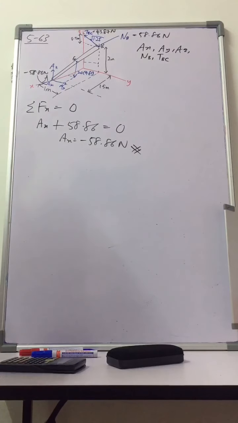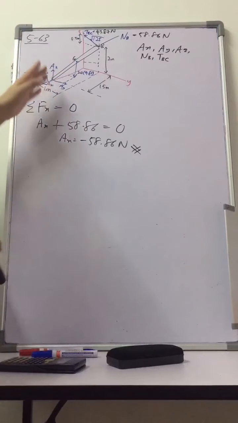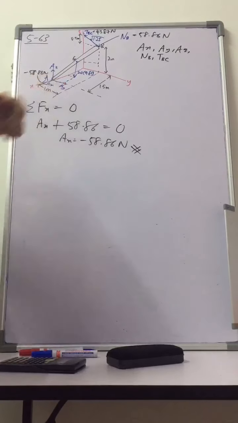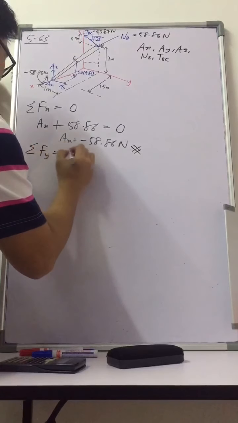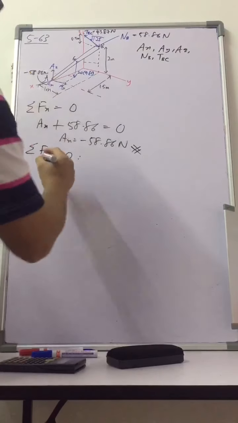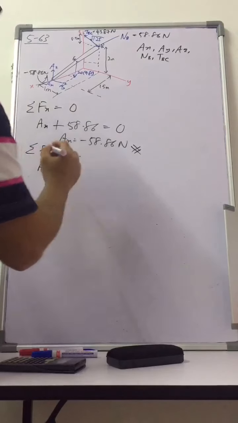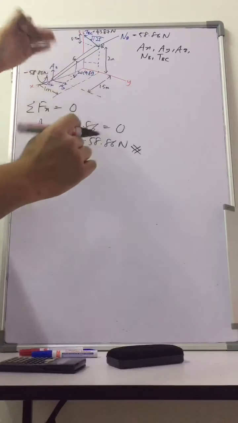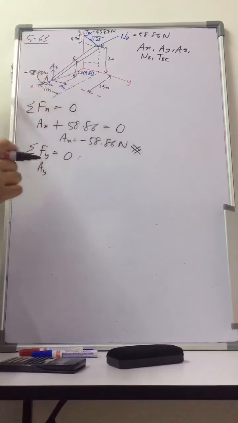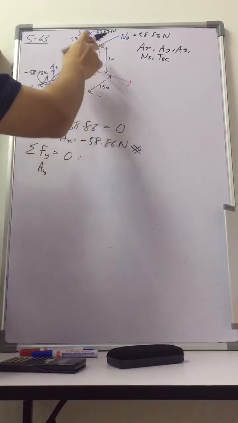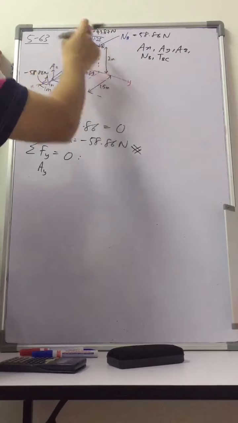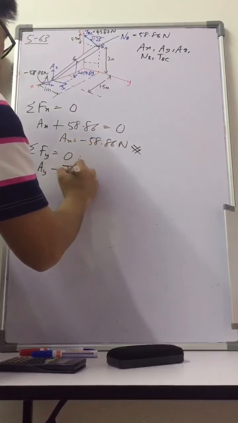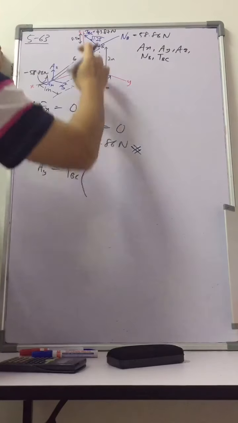Next you can try to find AY or AZ, it doesn't matter. Probably you want to find AY first. So summation of forces in Y equals to 0. You have AY with initial assumption of going in the positive direction, and then you have this TBC, so minus TBC going this way.